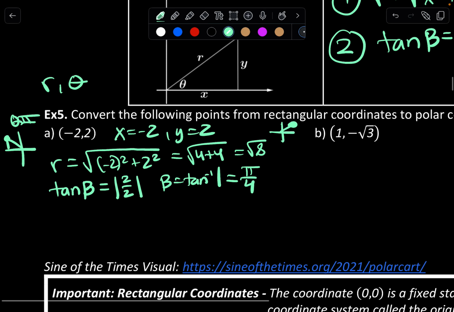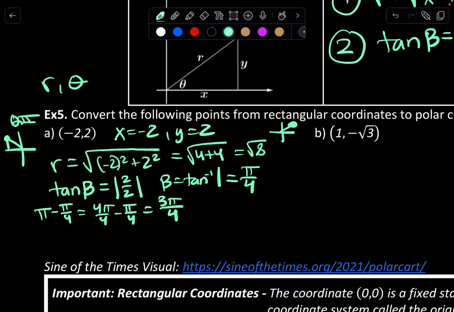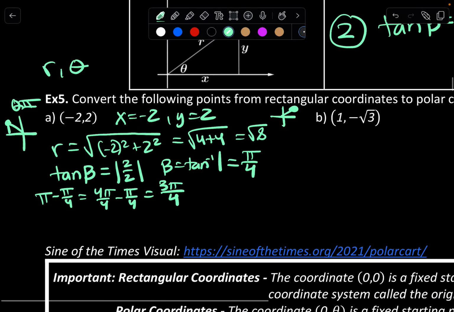Now we're dealing with standard angles. If I'm in quadrant 2, I have pi minus pi over 4, or 4 pi over 4 minus pi over 4, which is equal to 3 pi over 4. Or if you recognize it's a standard angle, we're in quadrant 2 for tangent of 1, that would be 3 pi over 4. You can do that as well.